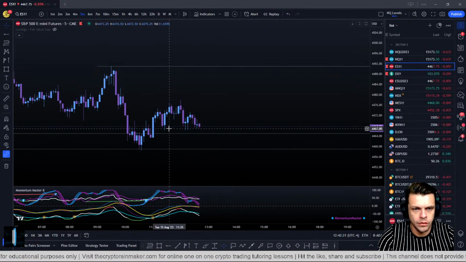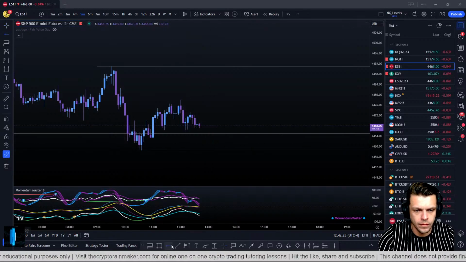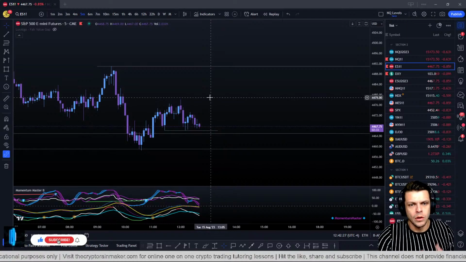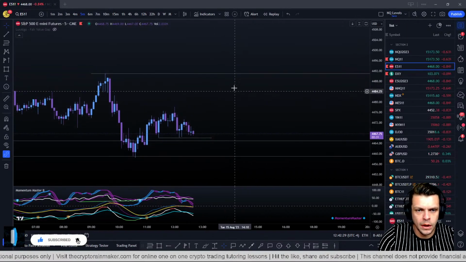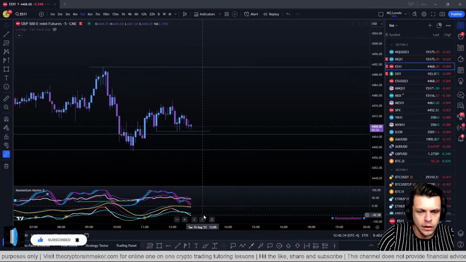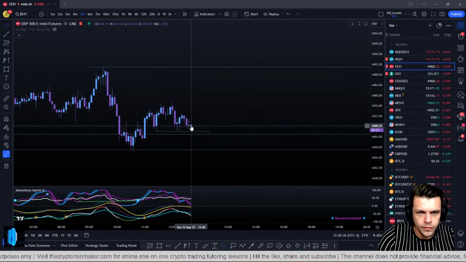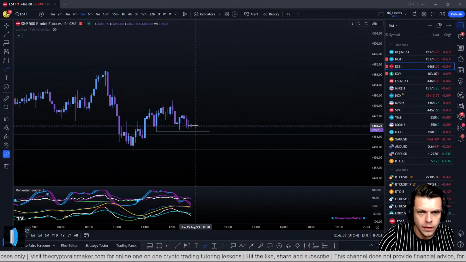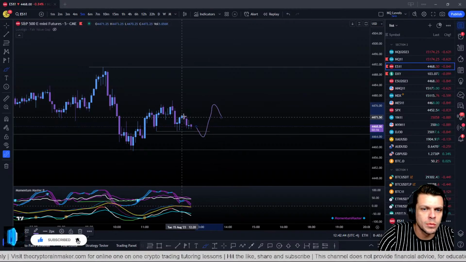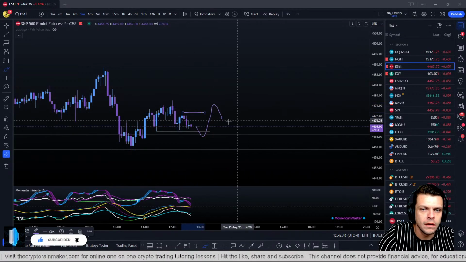Use a trend line for this. So one possible play is to wait for price action just to take out these lows. Take out these lows and then watch for that reaction to see if we get that displacement above the previous high.